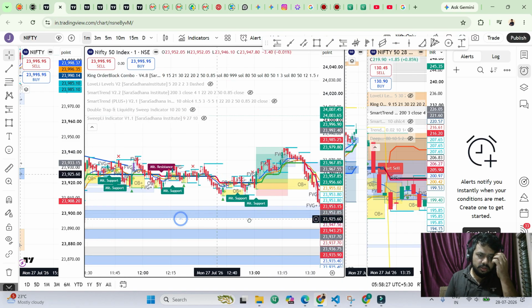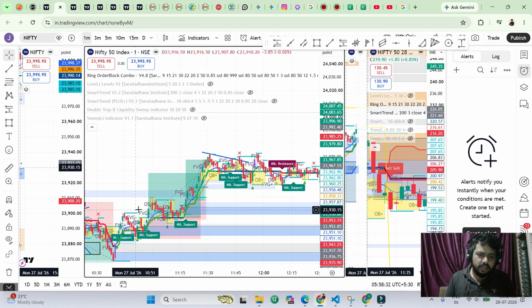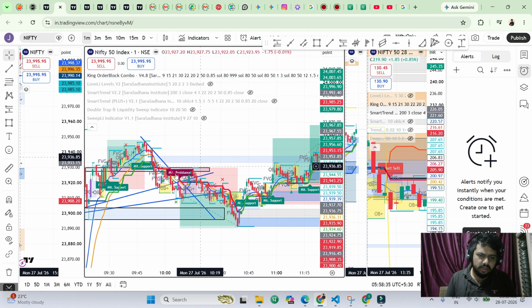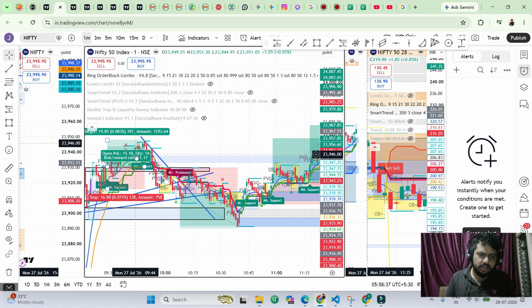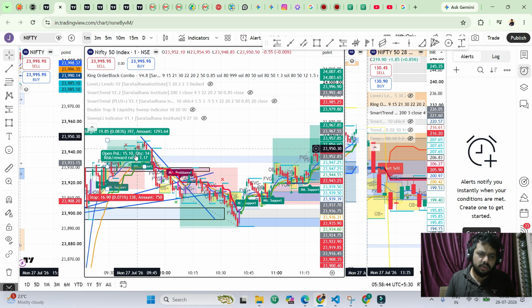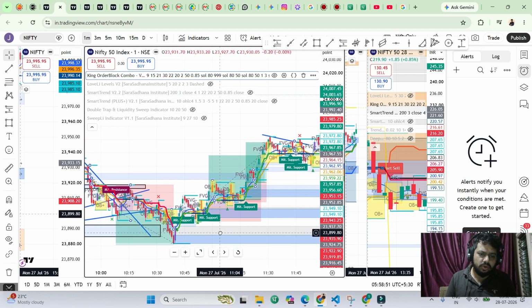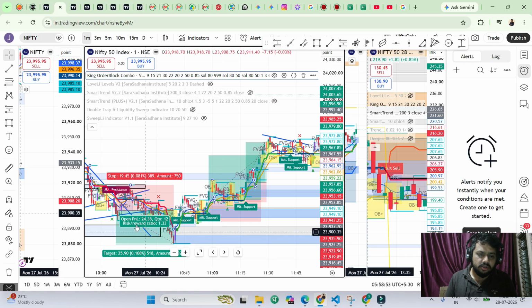In that, consider that you trail the SLs here in the beginning, right? Here you have to trail the SLs. Here you would have got break even. Whenever the market moves till here, you could have moved your SL till here. You easily get at least 1:1 or 1:0.5. Here you got 1:1.